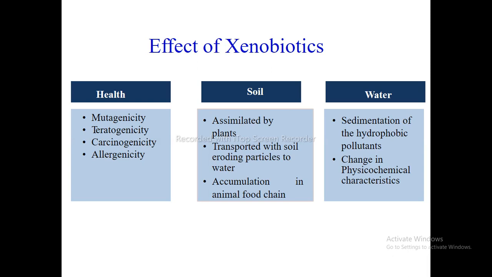And they can be transported with soil eroding particles to water, ultimately polluting the water bodies, and then accumulation in the animal food chain is also always a possibility. Then sedimentation of hydrophobic pollutants in water pollutes the water, right? And there can be changes in physicochemical characteristics of water because of the presence of xenobiotic compounds, right?